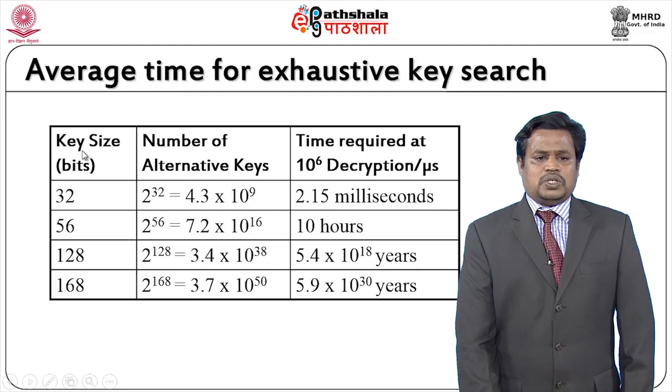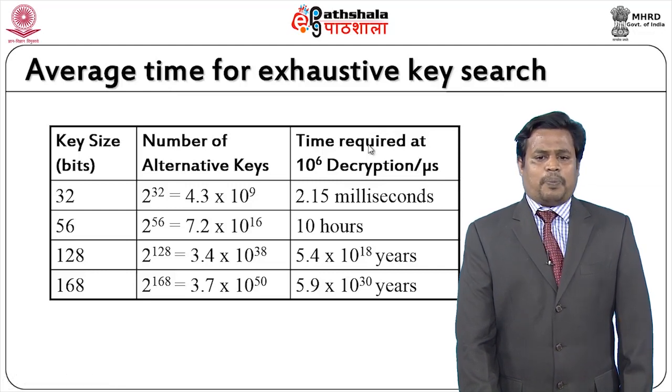When I am deciding on the key size, because the key size is a very important component, if I choose a very small key, for example only 2 bits, then it is very easy for me to perform an exhaustive key search. With 2 bits, I may have the combinations 00, 01, 10 or 11.